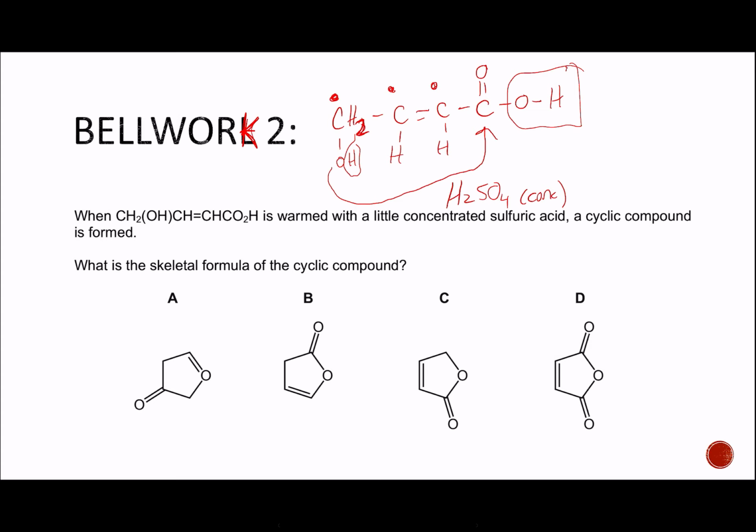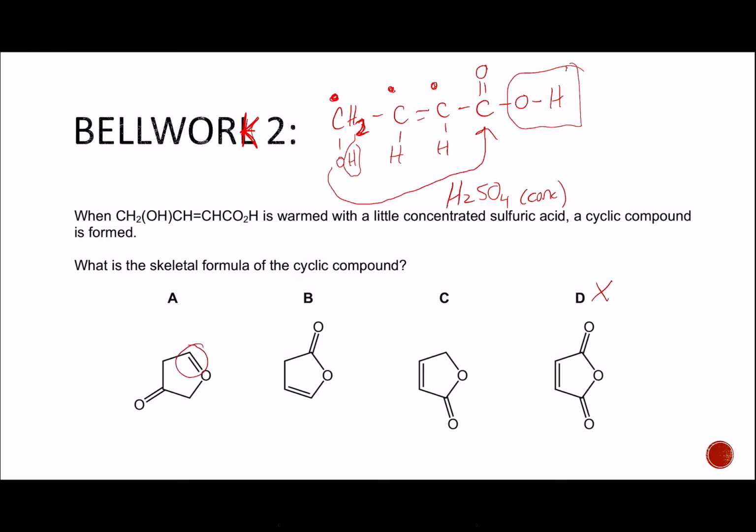So I'm going to take D out real quick, because there aren't 2 carbonyl groups in your structure, so there shouldn't be 2 carbonyl groups in your answer. I'm also going to take out A as an option, because A doesn't make sense.